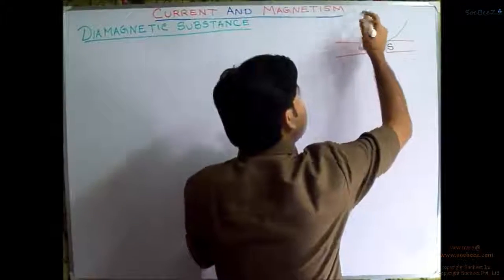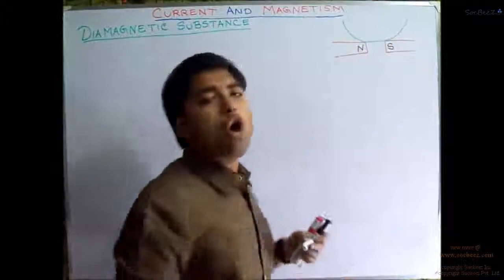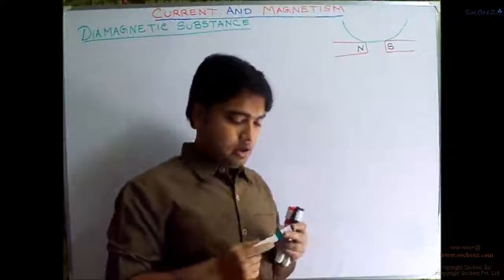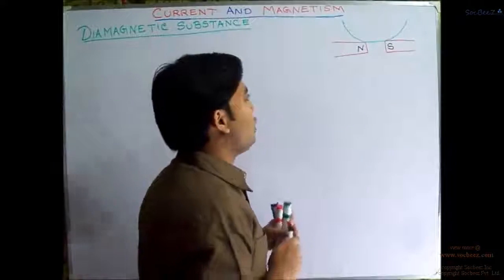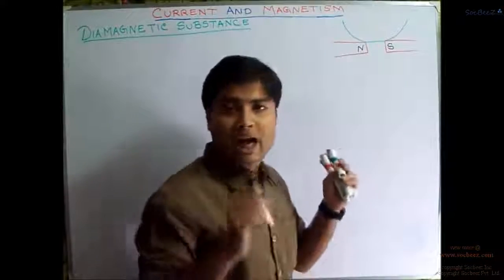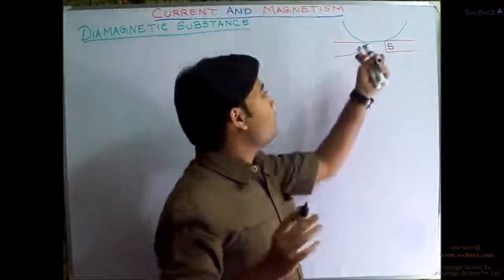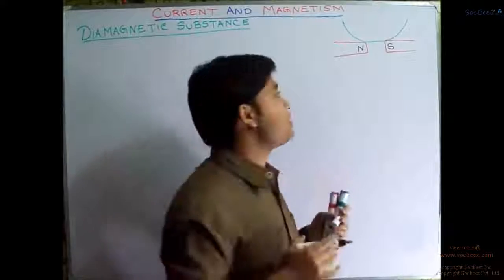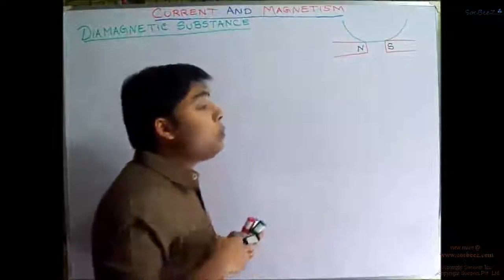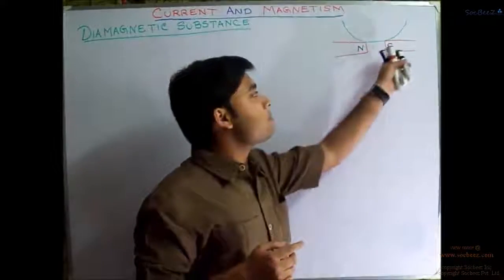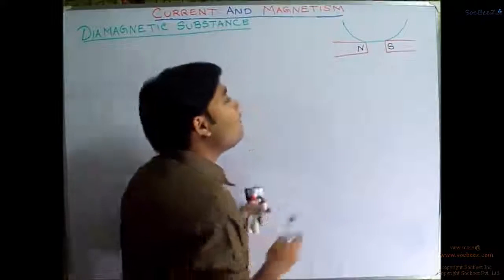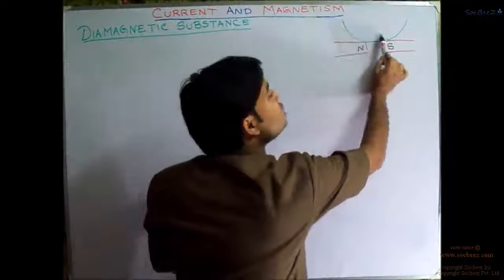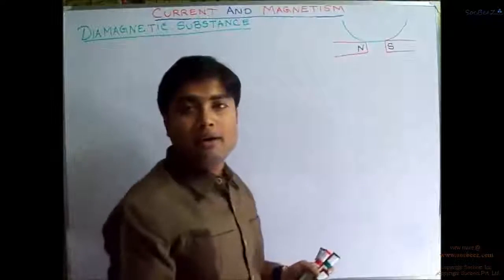So this is the container or the beaker. Now say for example, first of all, when we have kept this diamagnetic substance without these poles of the bar magnet, it would have been in a straight line.